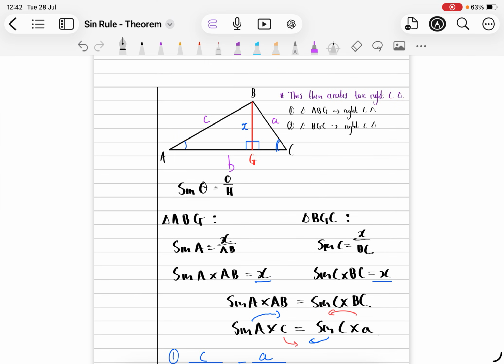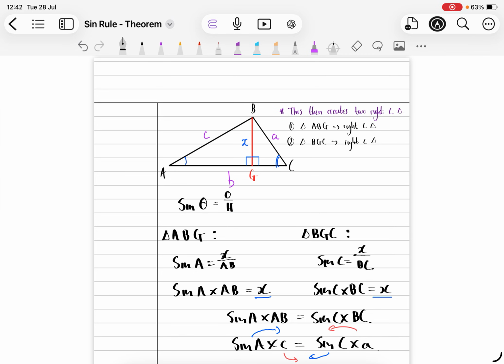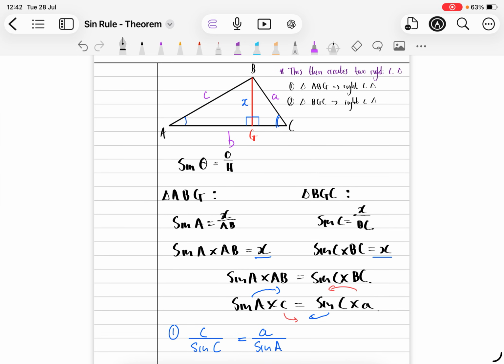So just to recap, with your sine rule, what you want to do is start off by creating what? Two right angled triangles. Out of any triangle, you want to create two right angled triangles. Once you have created the two right angled triangles, start substituting things.